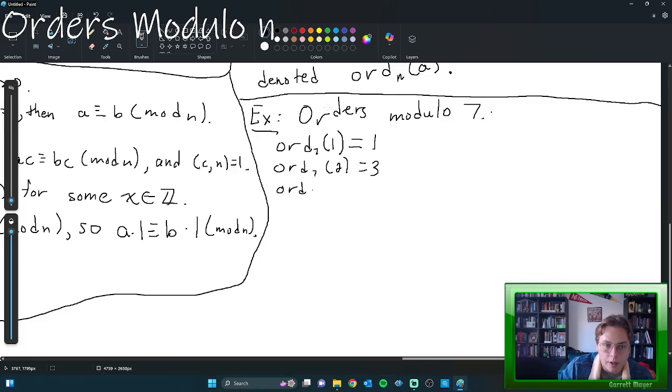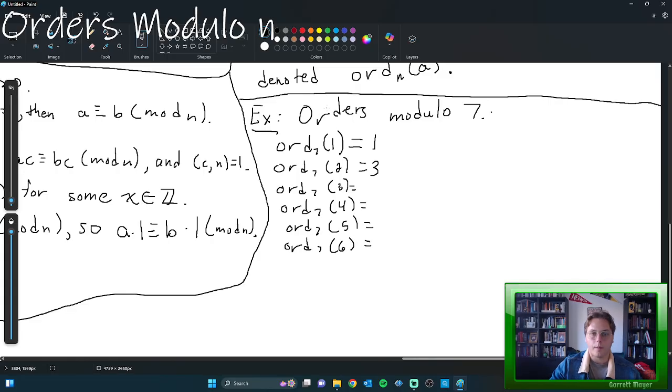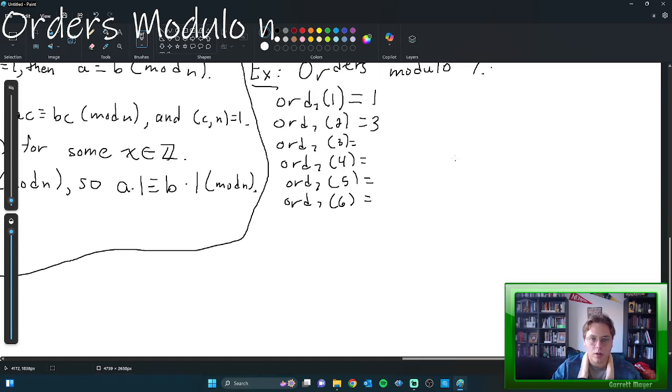And now let's see how we can find these other orders. The way that we're going to do this, I'm just going to make a table going through these.